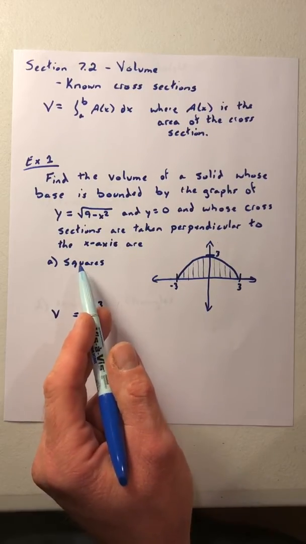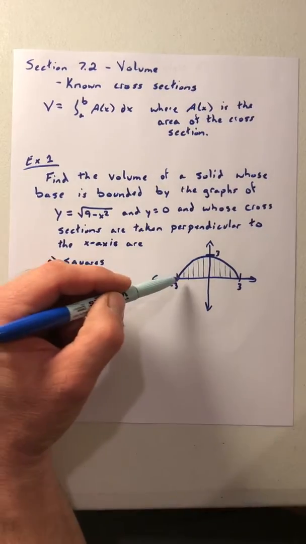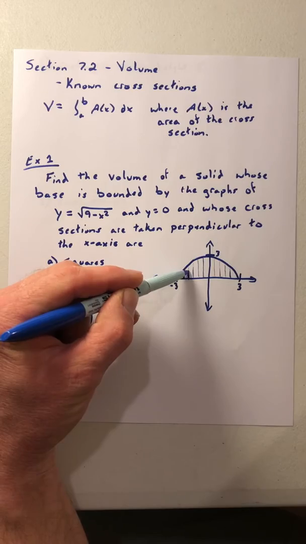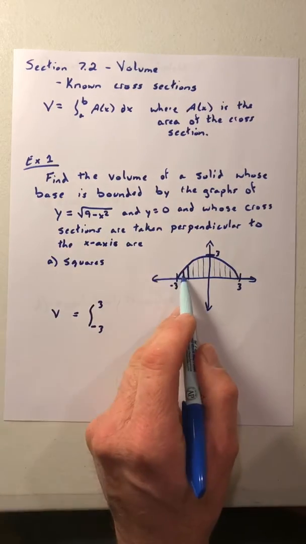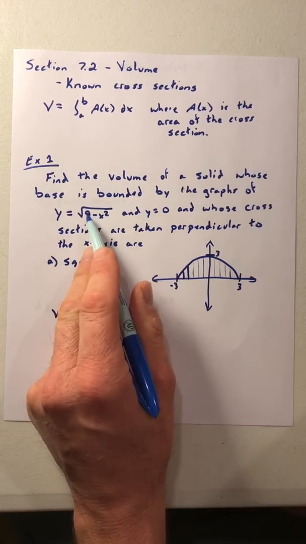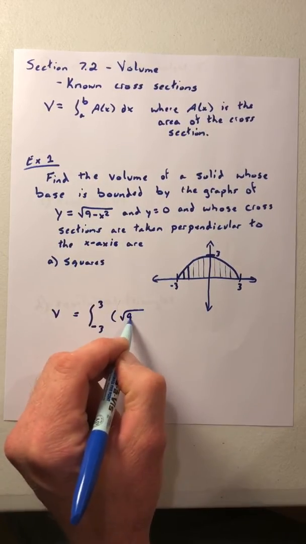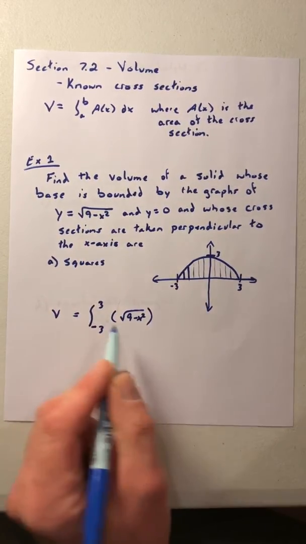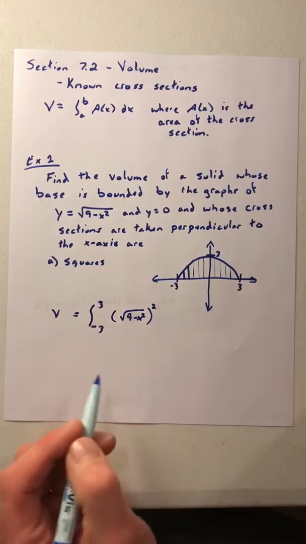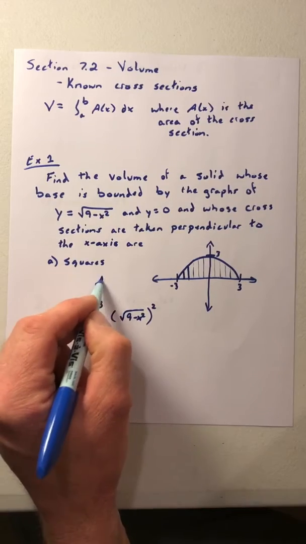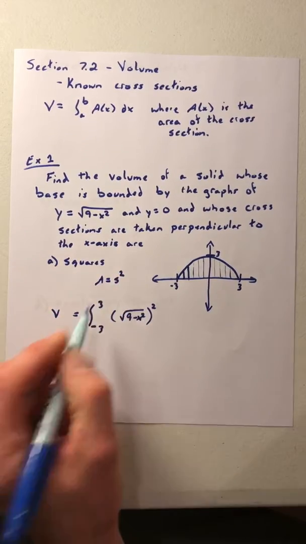How do I find the area of a square? I take the side length and I square it. Well, my side length in this case is going to be the distance from the x-axis up to the curve. And the value of that curve is given to us as the square root of 9 minus x squared. I'm going to multiply it by itself, or square it, since that's the area of a square. If you think about the area of a square, area equals side squared.